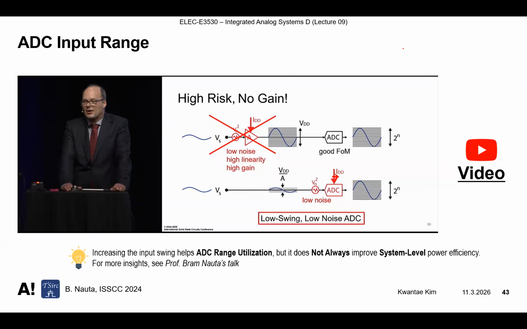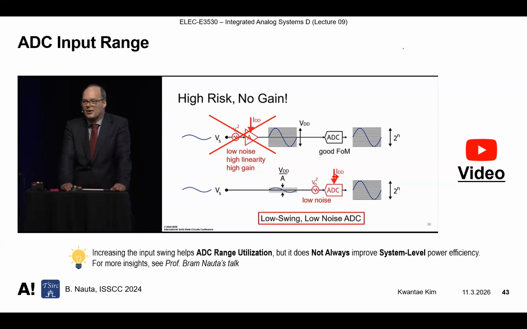But these days, different points of view are arising. For example, this is a very nice talk. You can check on YouTube Professor Bram Nauta's talk about system-wide consideration of how important ADC's power consumption is, affecting all the preceding chains for wireless communication circuits.